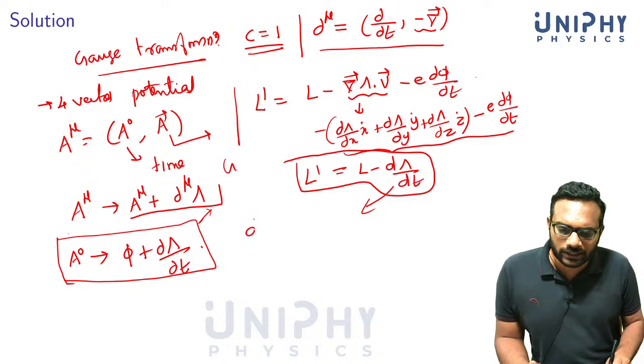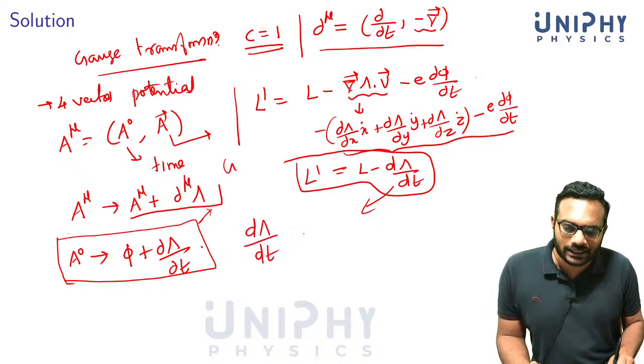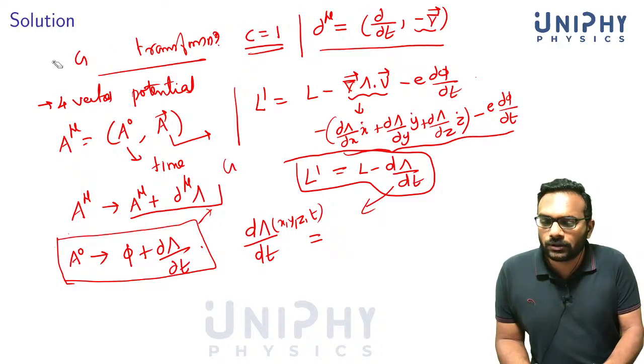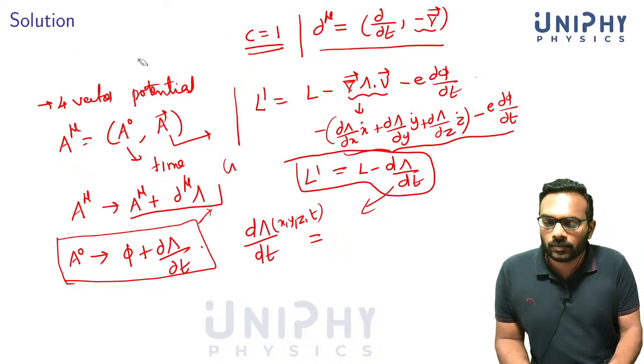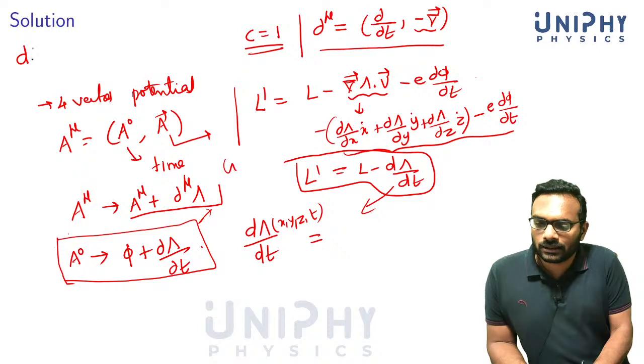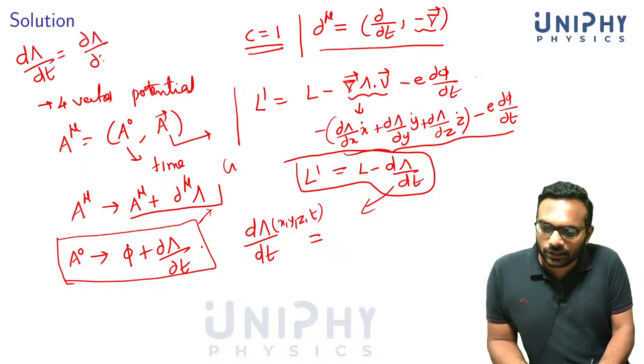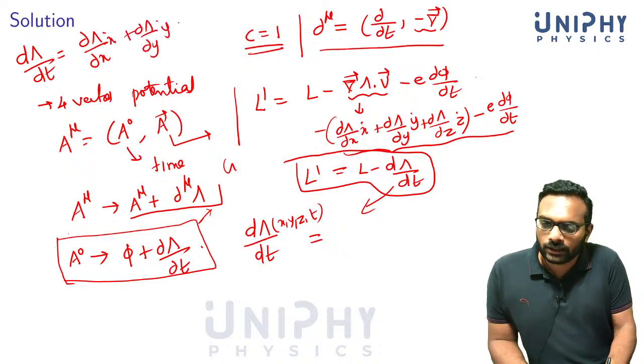Now, if you are not very clear about this, you can just check what dλ/dt is. We know that λ is a function of x, y, z and t. So, dλ/dt is equal to ∂λ/∂x, x dot, plus ∂λ/∂y, y dot, plus ∂λ/∂z, z dot.